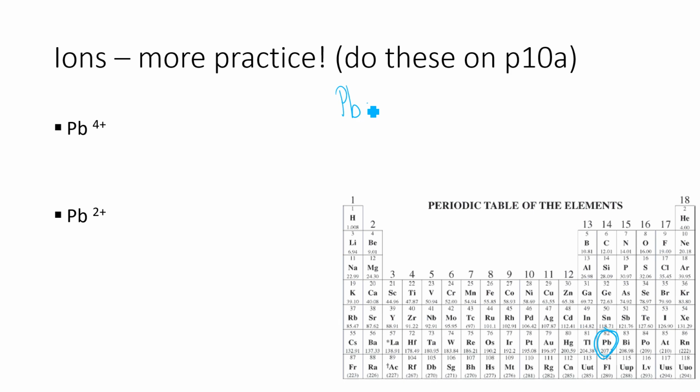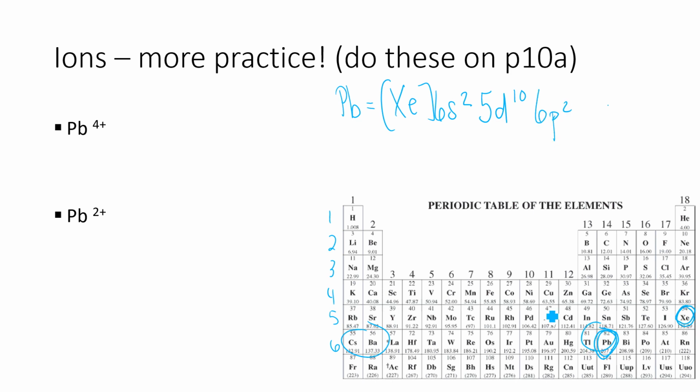The previous noble gas is xenon. And then let's look at what row it's in: 1, 2, 3, 4, 5, 6. It's in row 6. So it's xenon 6s2, and then 5d10, and then 6p2. So that's where lead's electrons are.